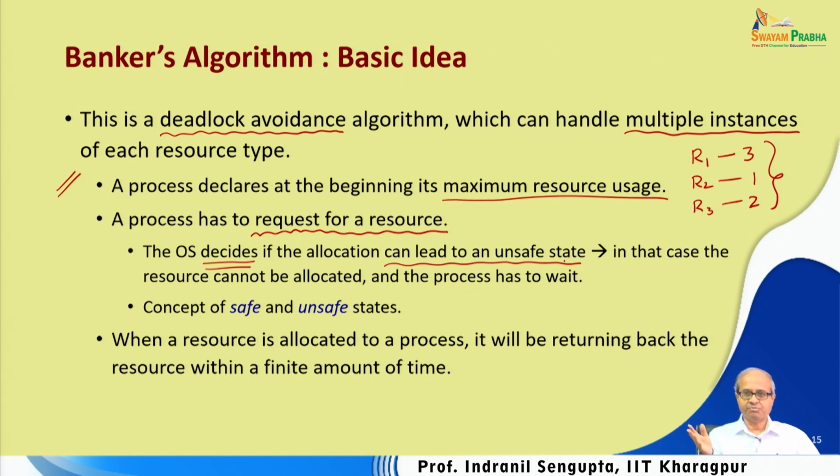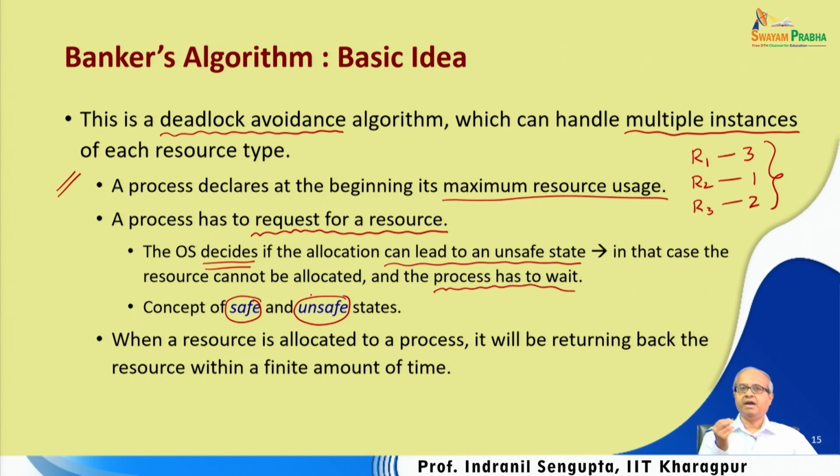It will ask the process, please go to the waiting state, you wait, let the resources become available, then you can resume your execution. So, the process has to wait. But if the state is safe, then the resource can be allocated and the process can continue. So, essentially in this algorithm, we have the concept of these safe and unsafe states.